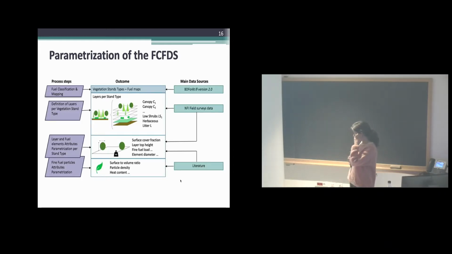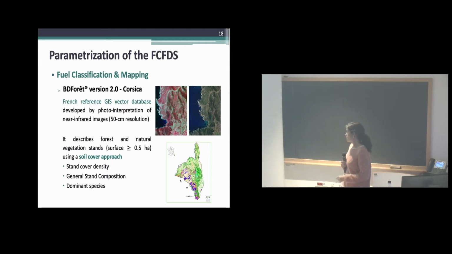Here we have the different processes and steps followed to get this parametrization. The first step was the field classification and mapping. For this purpose, we use the French reference GIS database, which describes forest and natural vegetation stands of at least a surface of 0.5 hectares.